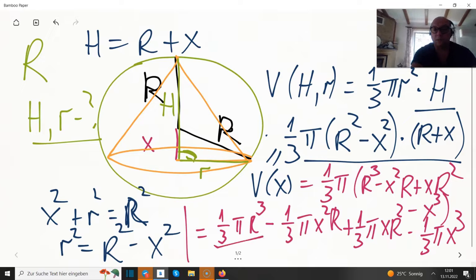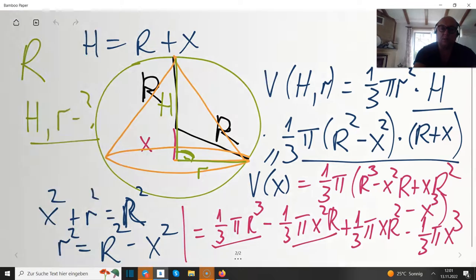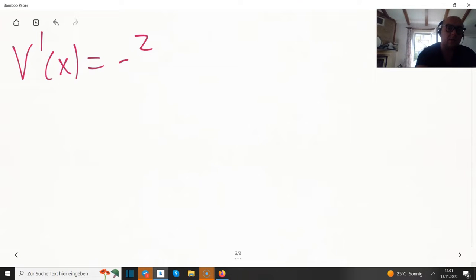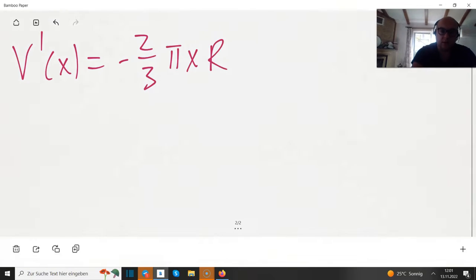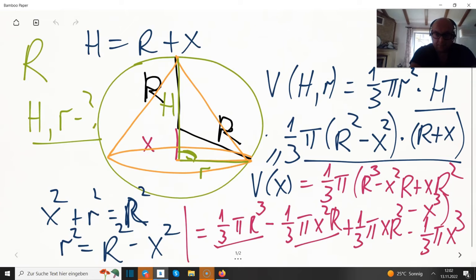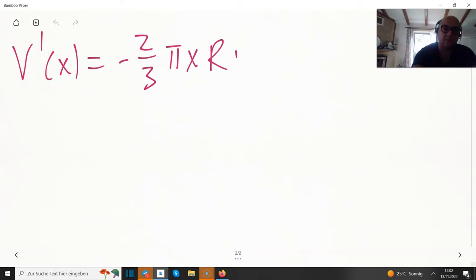So this is becoming 0. This is a constant value. Here 2 is coming in front. So we got minus 2/3 pi x R. Then we are having just a third pi R squared.